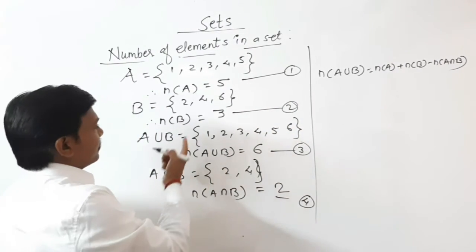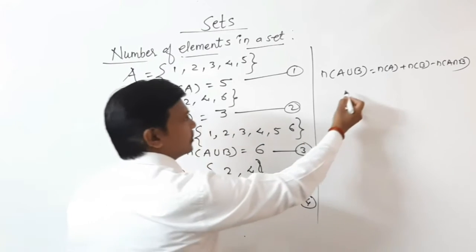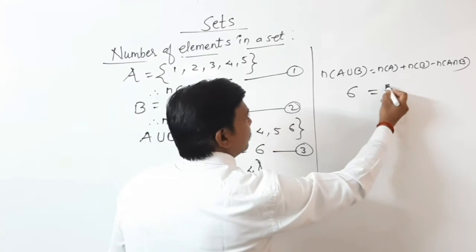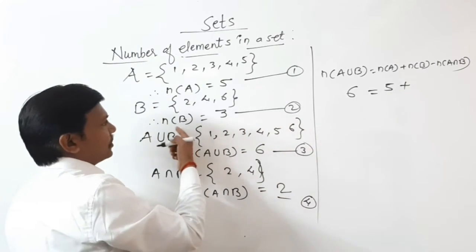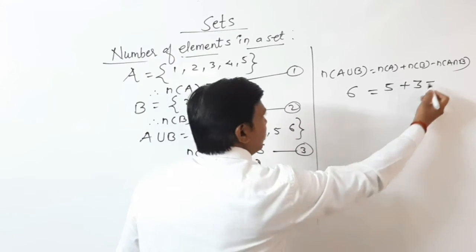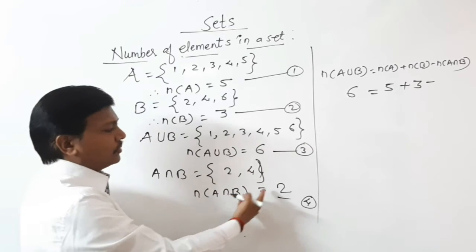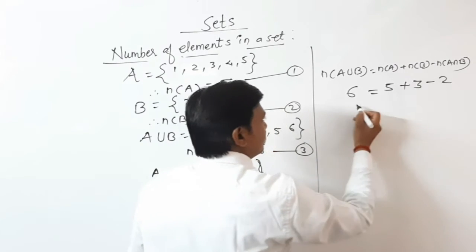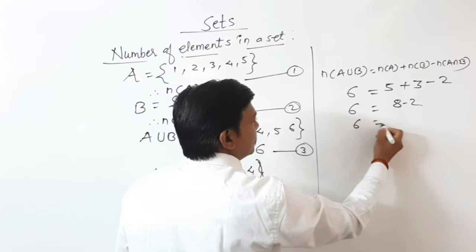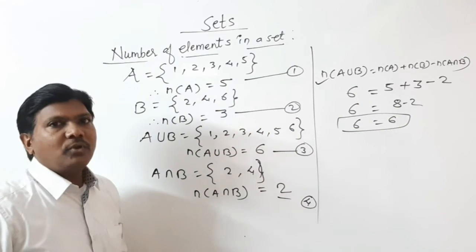See here, number of elements in A union B is 6. n(A) is 5, so 5 plus n(B), number of elements in B, that is 3, and then minus number of elements in A intersection B, that is 2. So 8 minus 2, 6, equal to 6. So this is the important formula.